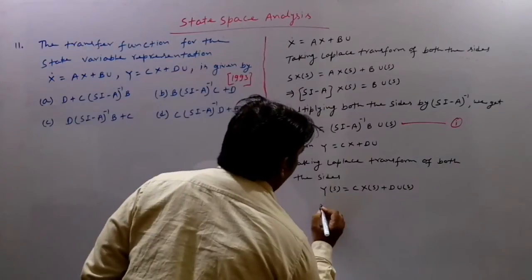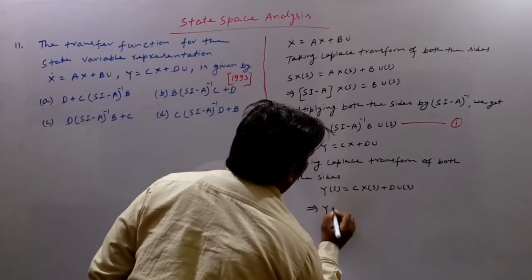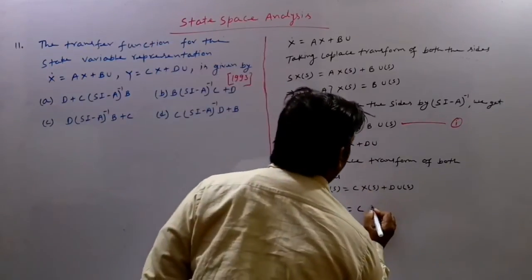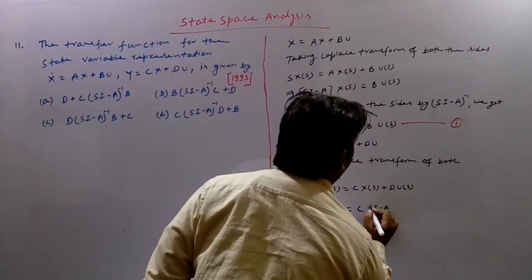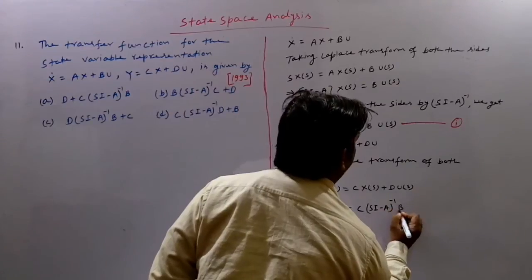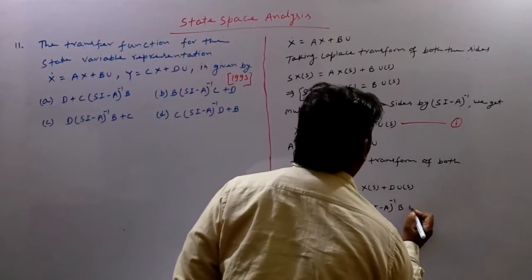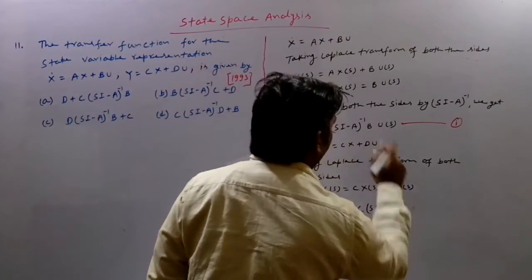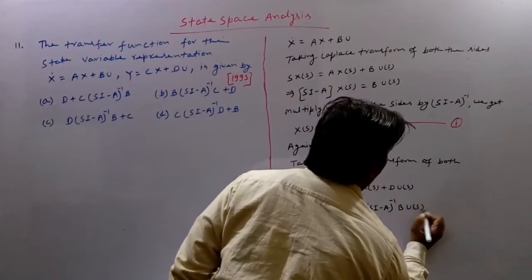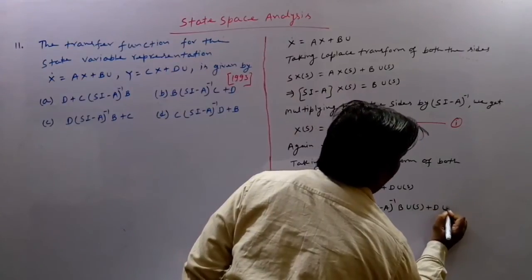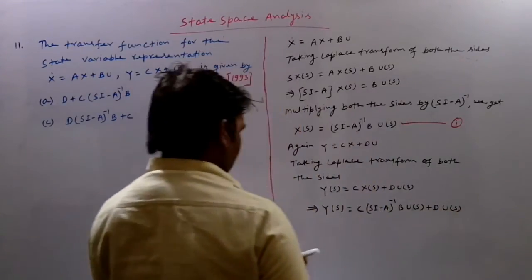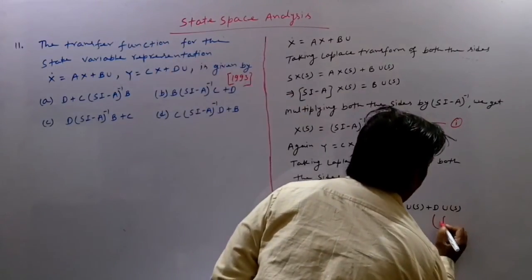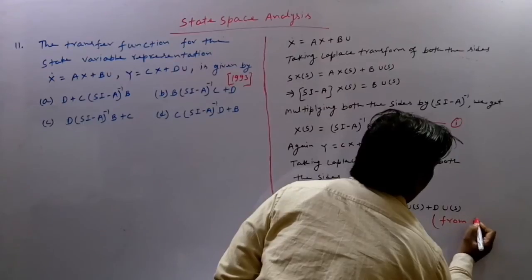So this implies Y(s) equal to C, X(s) is nothing but (sI minus A) inverse B, plus D U(s), from equation number 1.